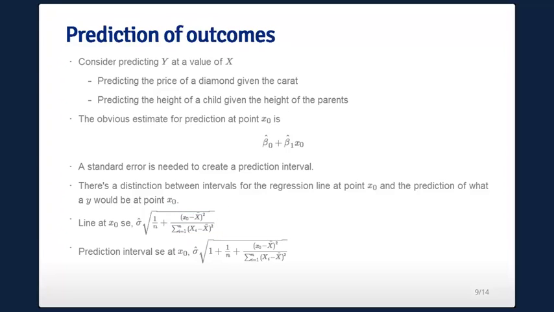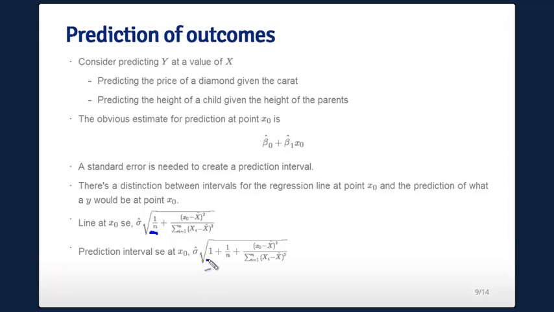But then there's this other term, 1 over n. As we get more and more data, that goes to 0. So if we're predicting at the average, as we collect more and more data, that interval is going to go to 0.